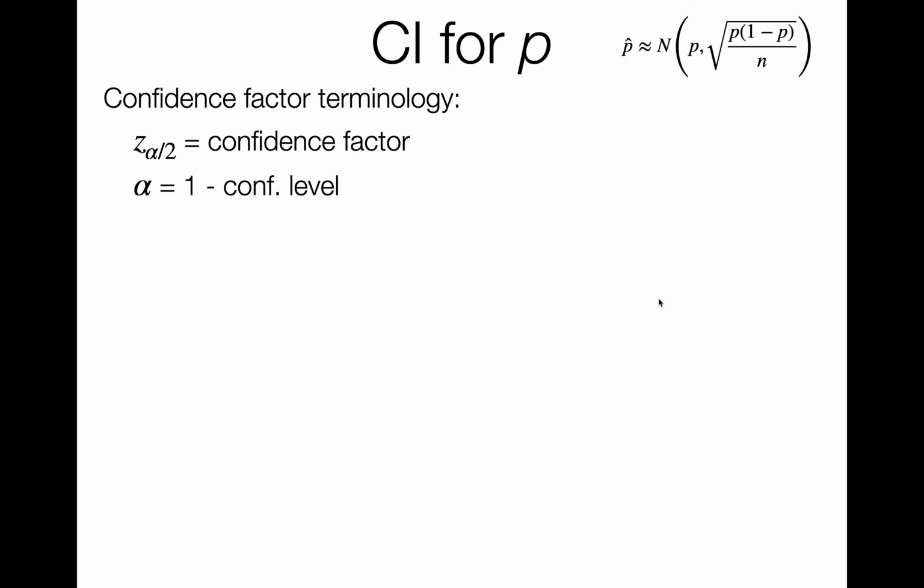You may notice that I've not only defined that whole thing, but I've also said something about this Greek letter alpha. Alpha is equal to 1 minus the confidence level, which we'll talk about in a second. The confidence level is how confident I am, and we'll talk about what confidence even means. If it's a 95% confidence interval, alpha would be 1 minus 0.95.